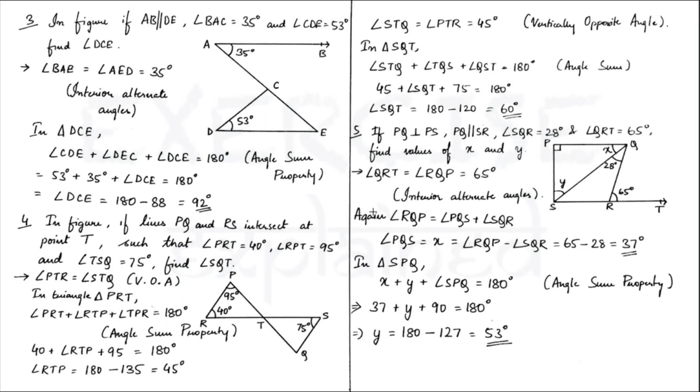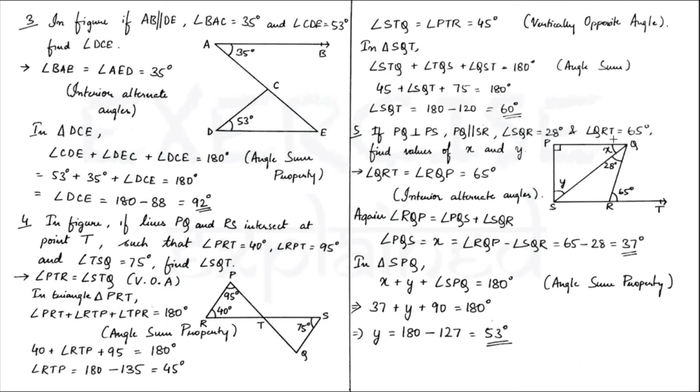Again, this entire angle, that is PQR, can be written as PQS plus SQR. We have just broken this angle into two parts. What we have here is PQS is equal to X and SQR is equal to 28. So for finding X, we can subtract this angle, that is SQR, from PQR.